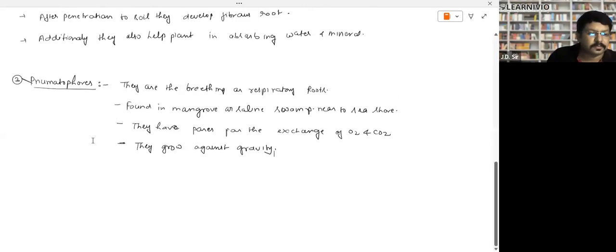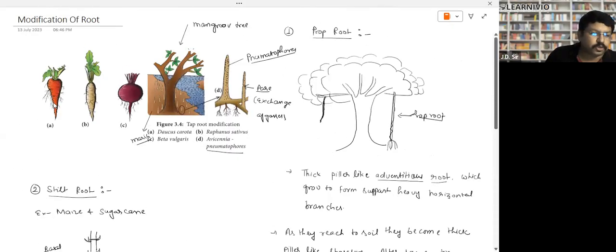Done? Okay. Then these roots, you can see, this is the carrot, this is the radish, this is the turnip, right? Sorry, sugar beet. So what are they meant for? They are all roots meant for food storage, right?